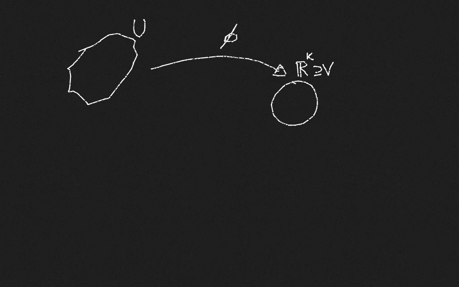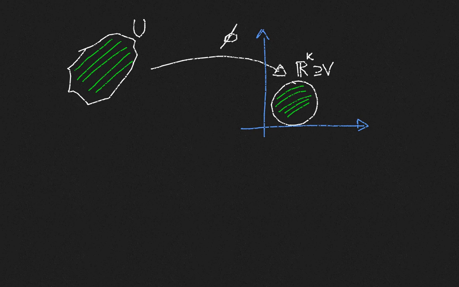So here you have coordinates. Well, for example, here it's R2. Now the inside of your set goes inside your ball. In any way, this is just a function, okay?